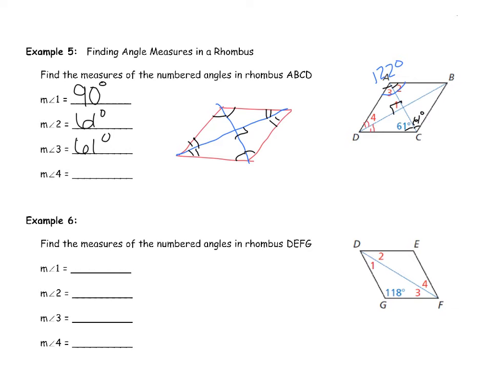So 180 minus 122 leaves us 58 degrees, which means this whole angle ADC is 58. To find just one little piece of it, because it's a rhombus, we know it's being bisected. So half of 58 gives us an answer that angle 4 has to be 29 degrees.